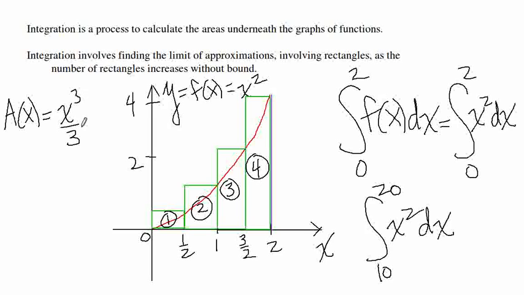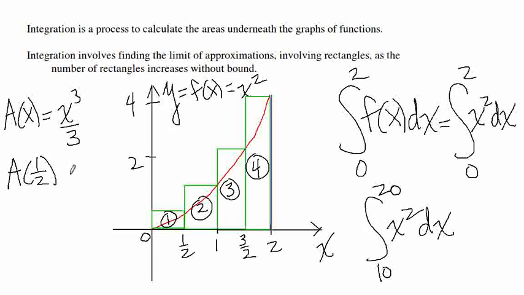All right, so what I said in a previous video was you can find the area of rectangle 1 by finding a specific difference in antiderivatives. For that one, you would evaluate the antiderivative at 1/2.